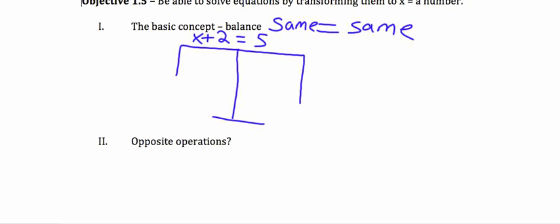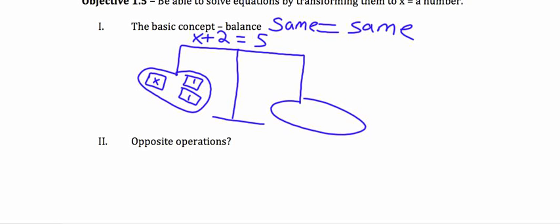Another way you could look at this is we've got a mystery box that has a value of x. Then we've got two little boxes that we know weigh exactly 1, and they're on the left-hand side of this balance. And then over here, we've got 5 boxes that all weigh exactly 1.